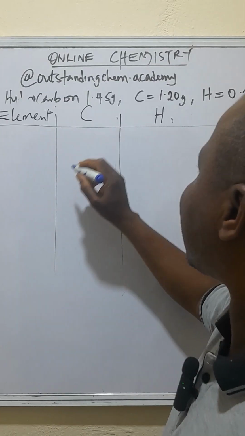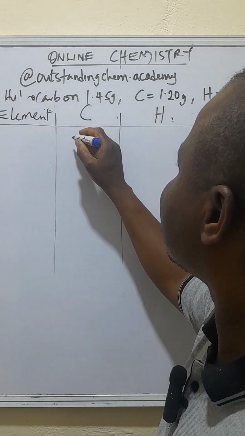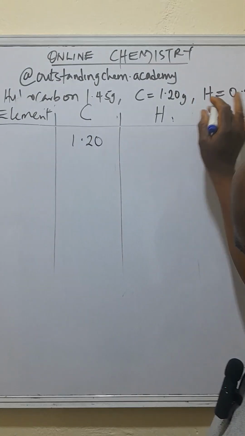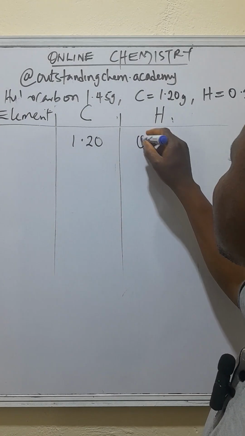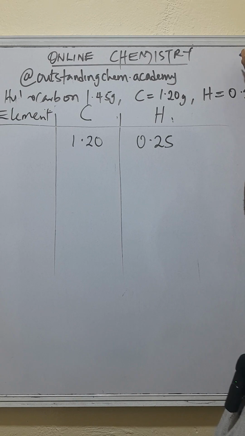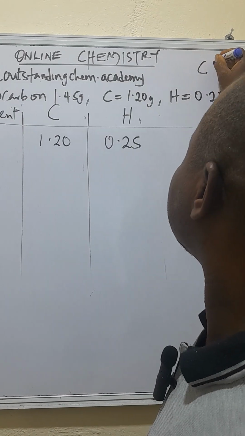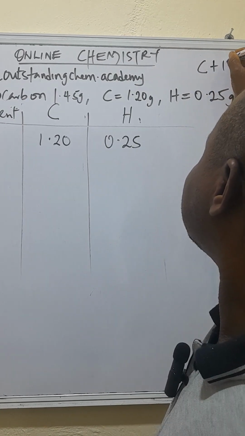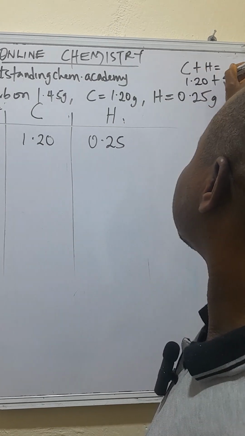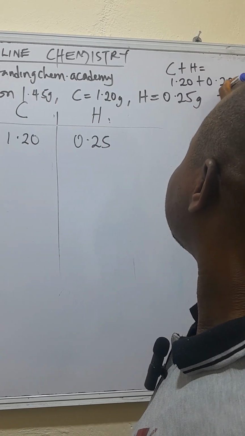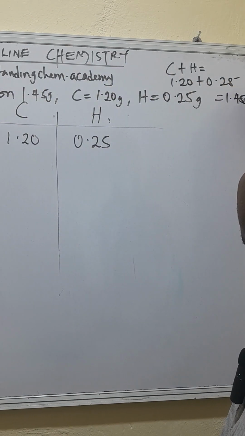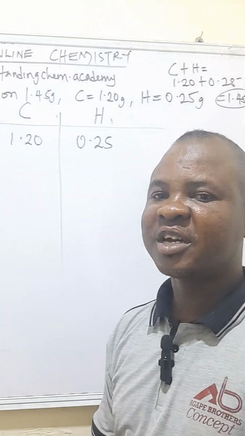For carbon, we have 1.2 gram, and for hydrogen, we have 0.25. Now, when you add their values together, carbon plus hydrogen, you have 1.20 plus 0.25 to give you 1.45 gram, which is the total of the hydrocarbon.